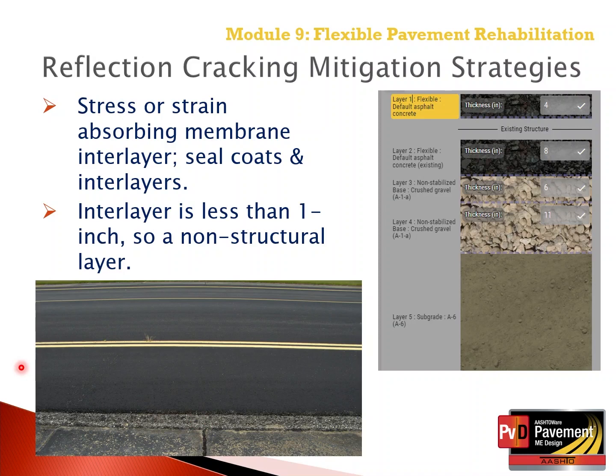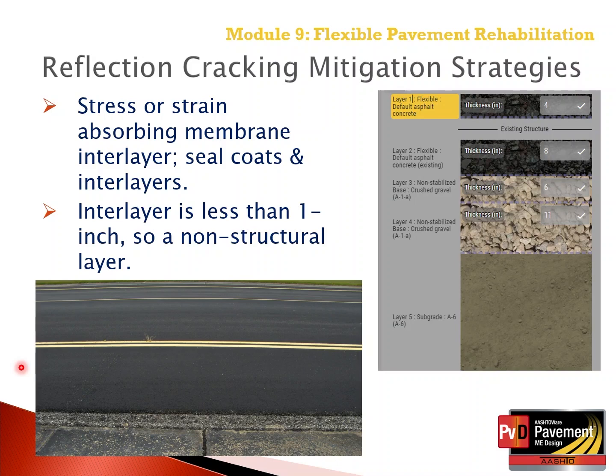Unfortunately, in the calibration that was done in Pavement ME, the global calibration using asphalt overlays of rigid pavements like jointed plain concrete pavements and asphalt overlays of flexible pavements with existing fatigue cracks as well as transverse thermal cracks, those sections that were used in the calibration did not exhibit any benefit.